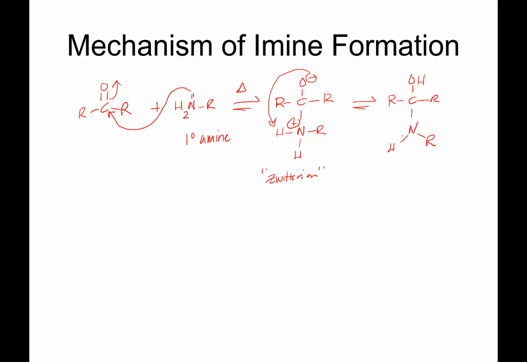This pair of electrons is going to move there, the OH is going to leave so that I lose H2O, and I form a double bond to the nitrogen. Basically that looks really unsatisfying, because you're just losing water, and you're probably doing that because of heat.